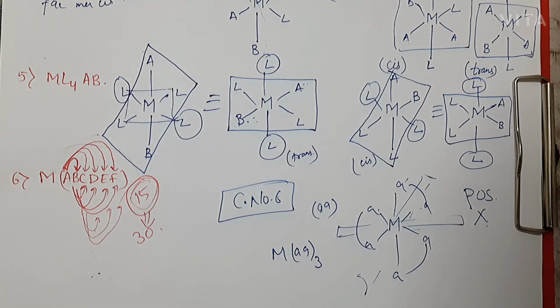Before starting with the Jahn-Teller distortion in the octahedral complexes, I will be providing you with the full table. Meanwhile, you can try out all the coordination number 6 complexes having bidentate ligands and find out the number of enantiomers, optical and all the stereoisomers.